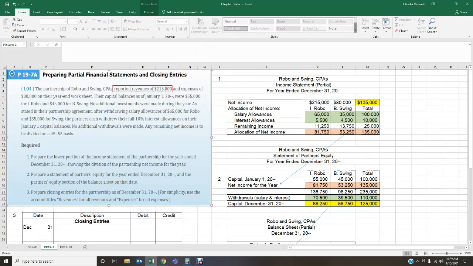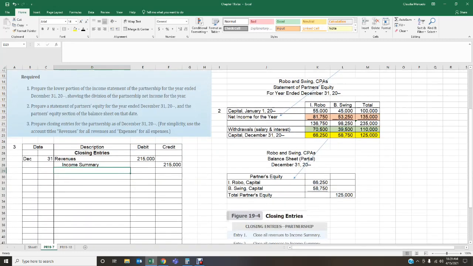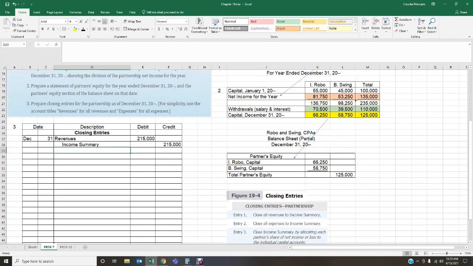Now when we record revenues, we record them as a credit. Because we are closing them out, we have to do the opposite, which means my revenues are going to be debited. That way I can zero them out for $215,000. And we're going to close that to income summary. Income summary is going to get credited $215,000. That is step number 1. You're going to close your revenues to income summary.